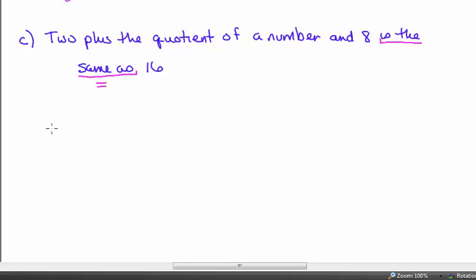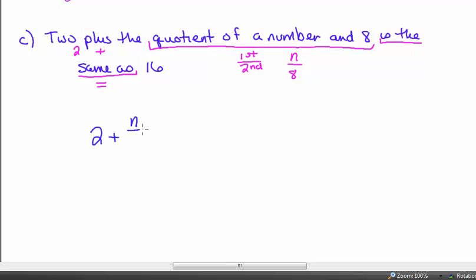So if we're the same as, we're equal. 2 plus, so we've got a 2 and a plus. And then we have the quotient of a number and 8. Whatever comes first, when we're talking about quotients, we're talking about division. So it's the first divided by the second. So in this case, it's going to be a number divided by 8. So when we put that together, we get 2 plus a number over 8 equals 16.